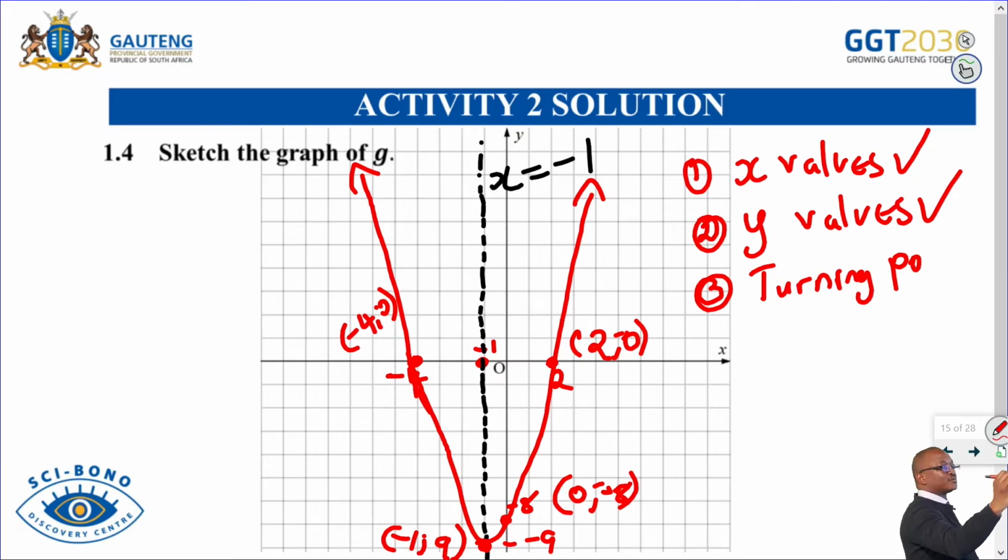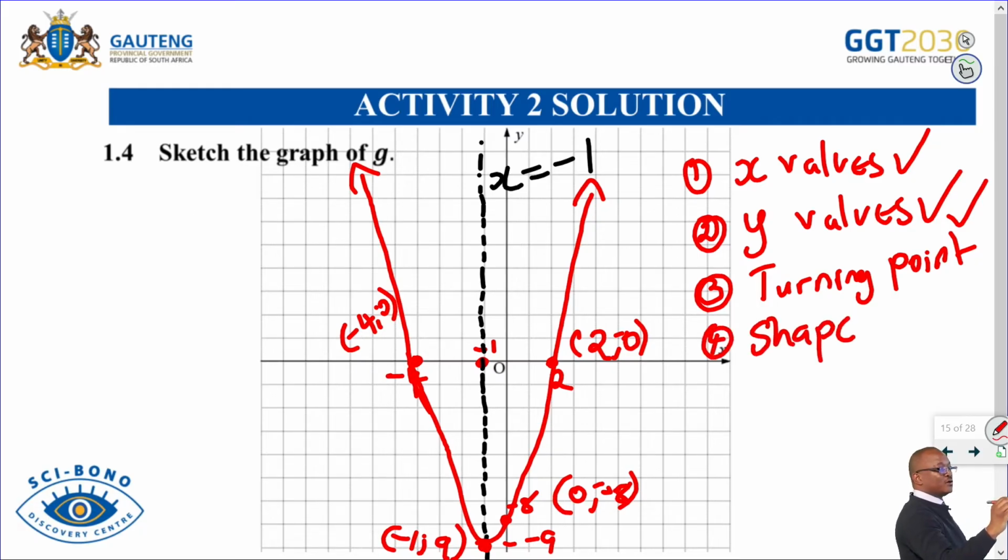And the last one is the shape of the graph. So that's how you obtain the 4 marks on how to sketch this type of graph. Remember, here I'm only talking about how to sketch your graph.